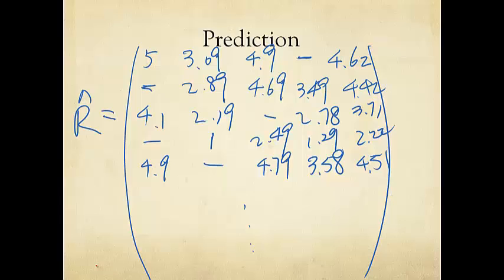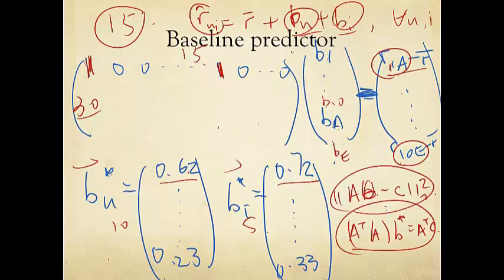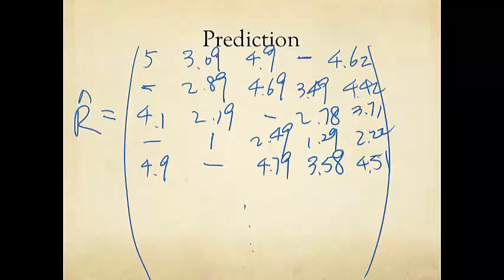Step number 2 is the prediction on the baseline. The baseline predictor, using the optimized b_u, b_i, and the average R bar, will give you this prediction. We call this R hat. If you look at this R hat, remember, some of these are training data, some are test data. So these, for example, are the test data.